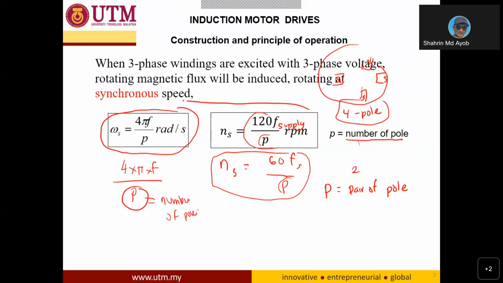Please be consistent. We use this one, 120 multiplied with frequency supply over the number of poles, and this is in RPM. If you are using RPM, please make sure that you use NS. If you are using radian per second, please use omega S. So there is a difference.